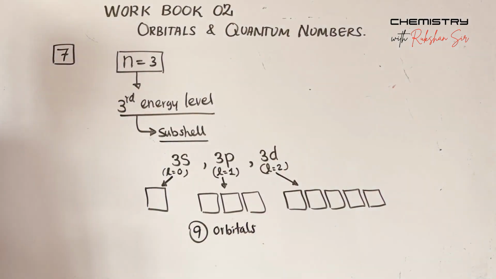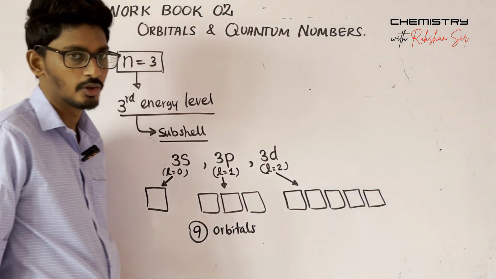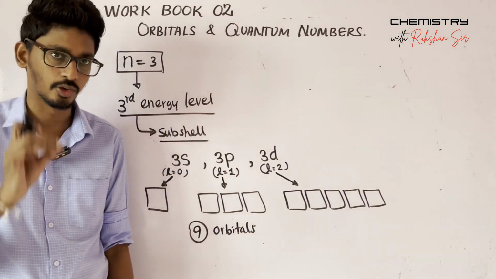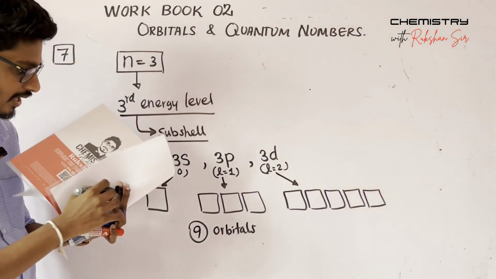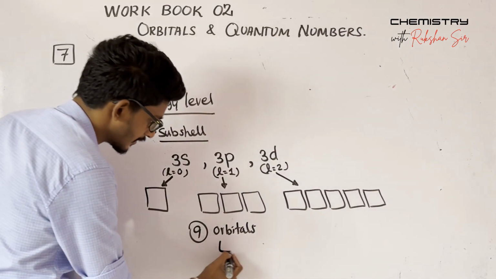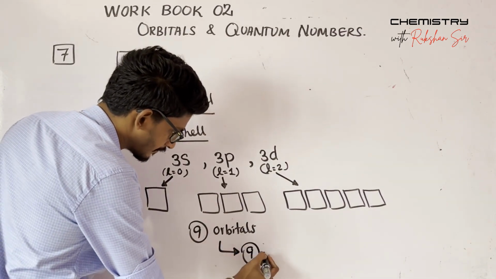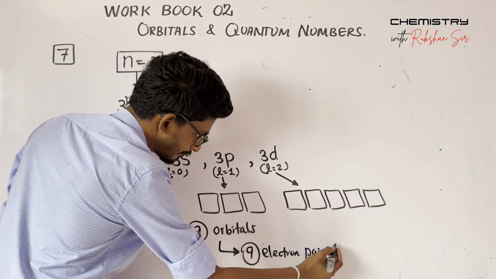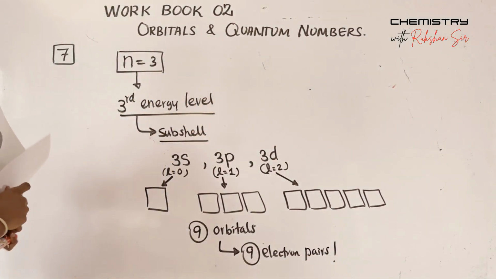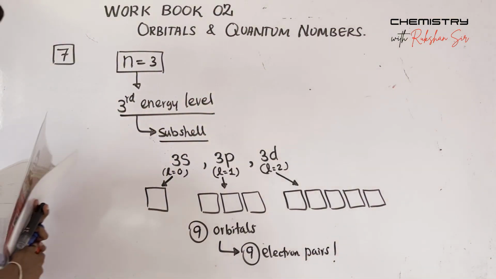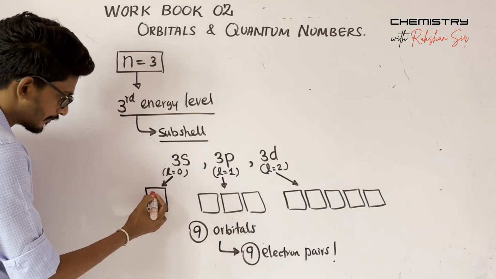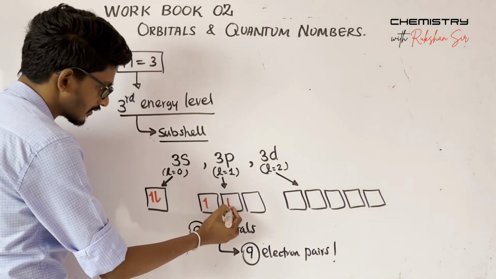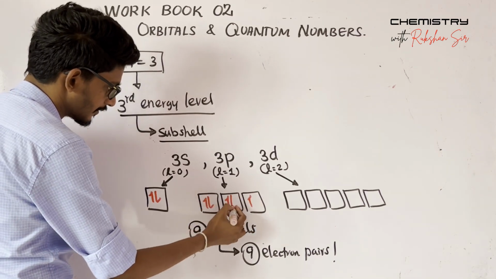9 orbitals means 9 electron pairs. They are not asking for the maximum number of electrons, they are asking for electron pairs. In orbitals you have paired electrons, electron pairs.